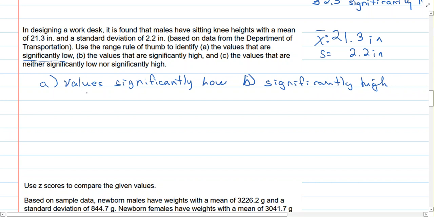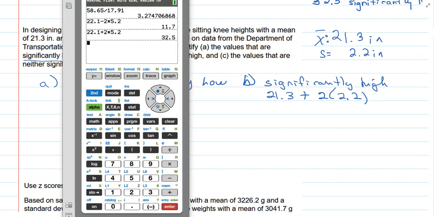So the low is going to be 21 and 3/10 minus 2 times the 2 and 2/10. And on the high, it's the same values except a plus. And we're working. So let's get that done here with the math.